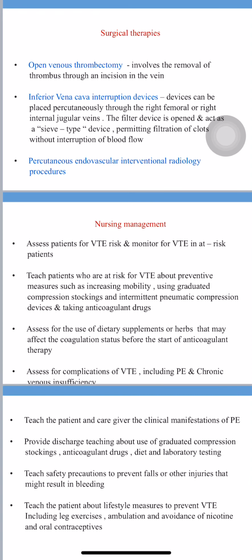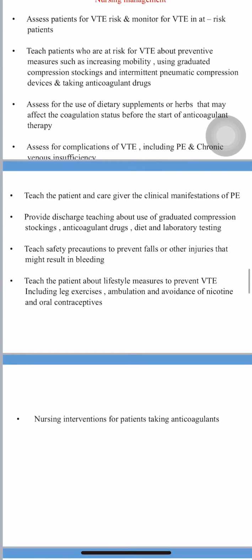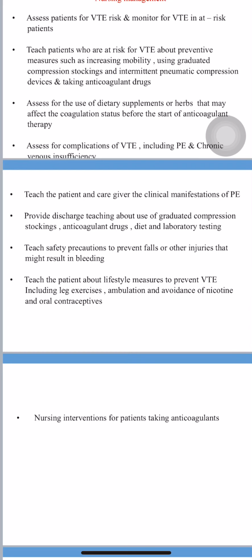Next, assess for complications of venous thromboembolism, including pulmonary embolism and chronic venous insufficiency, and teach the patient and caregiver about the clinical manifestations of pulmonary embolism. Provide discharge teaching about the use of graduated compression stockings, anticoagulant drugs, diet and laboratory testing.